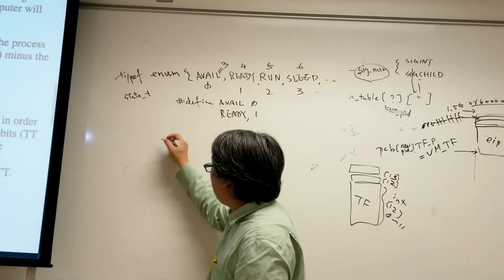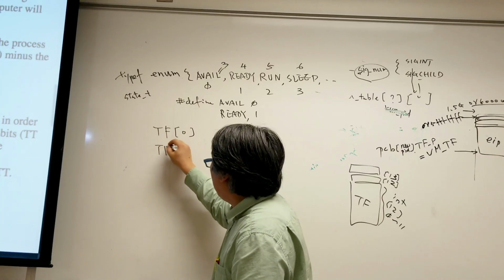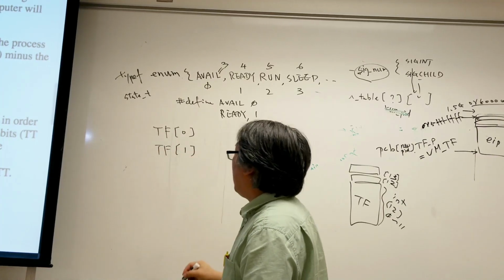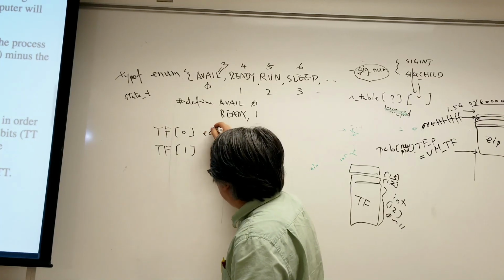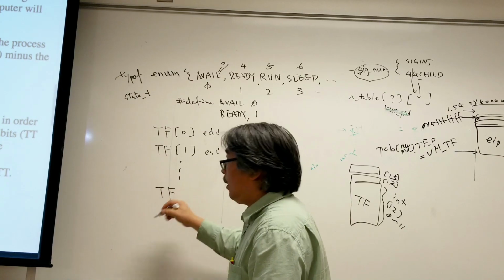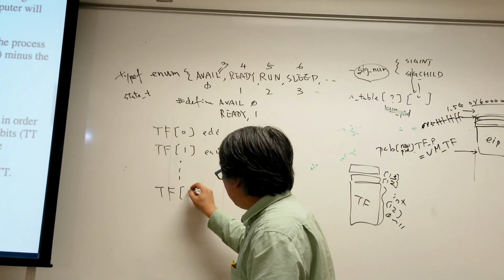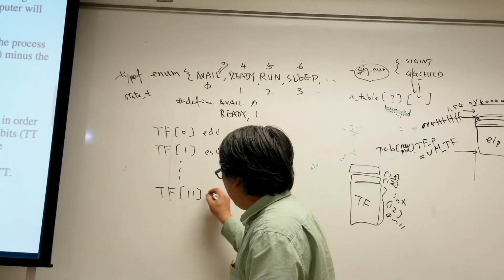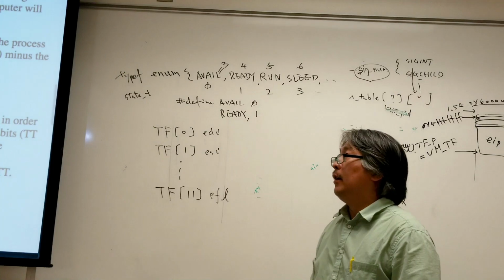So what about this trap frame? You can define it like an array. And then you say, okay, the first element is what? The second element is what? ESI, EDI. That's the EDI, that's the ESI, and then all the way down to the last one we listed, which will be EFL.